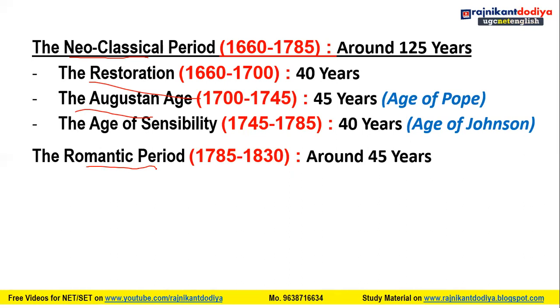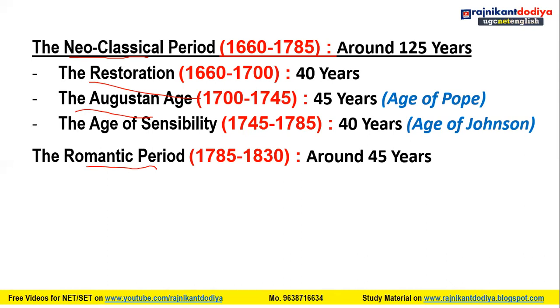So friends, in this Romantic period, the beginning of this period is a little bit confusing. Sometimes its beginning is considered 1785, the end of the age of Johnson, because the age of Johnson ended in this particular year. But sometimes it is also considered 1789, because the French Revolution emerged in this year.